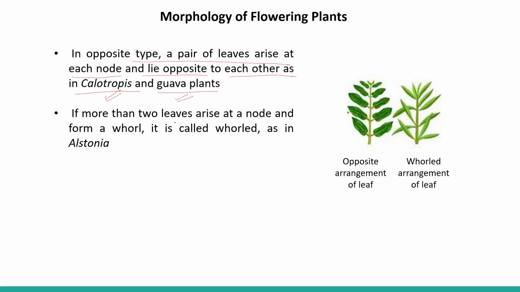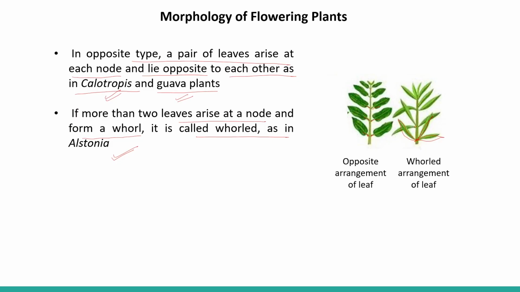If more than two leaves arise at a node and form a whorl, then it is called whorled arrangement, as in the case of Alstonia. So here we can see at one particular nodal region of the branch, one leaf, two leaf and three leaf are arranged.